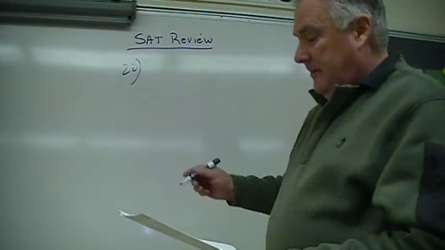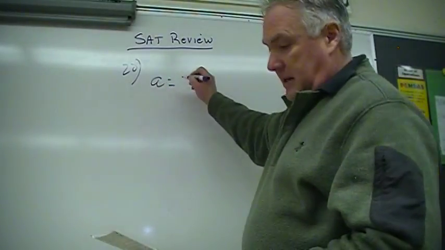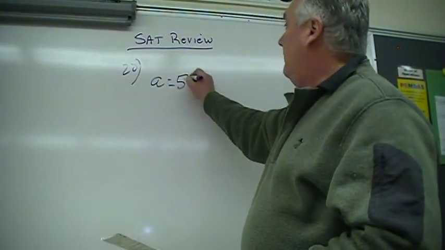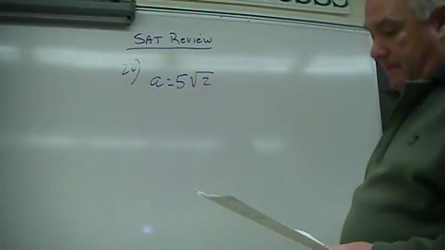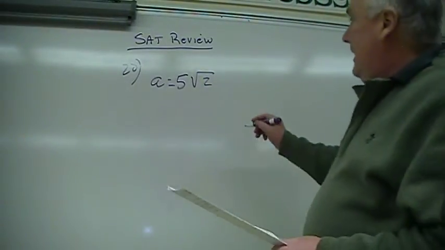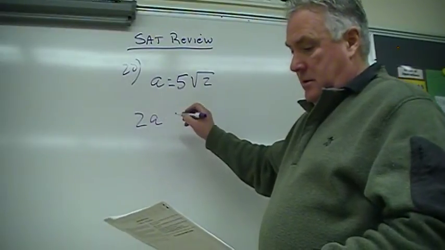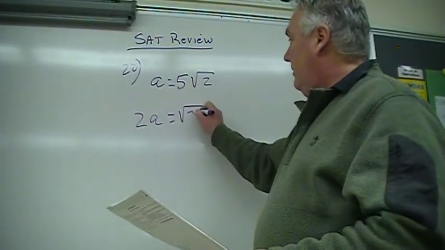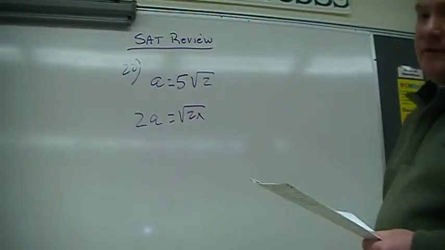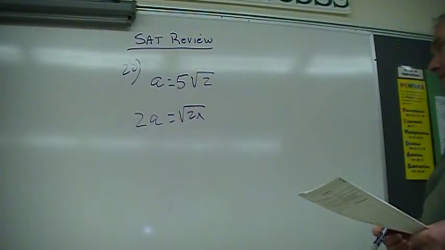It says if a equals 5 times the square root of 2, and 2a equals the square root of 2x, what is the value of x?